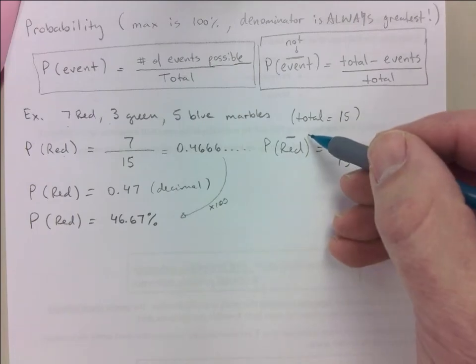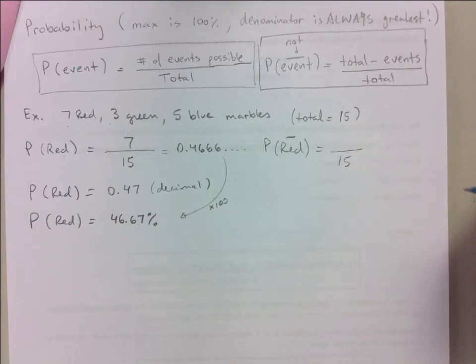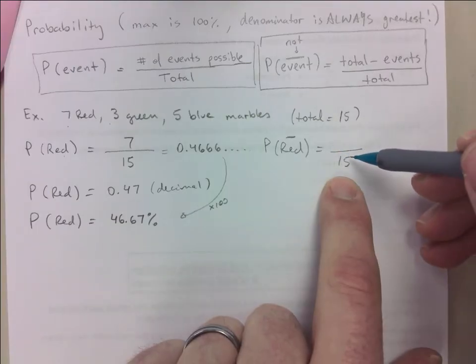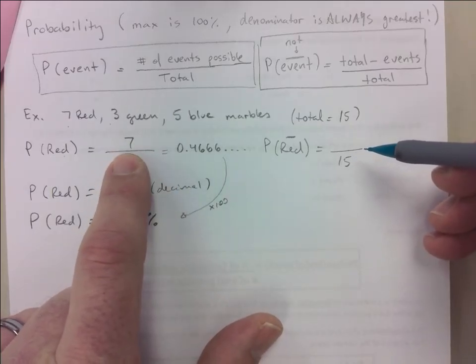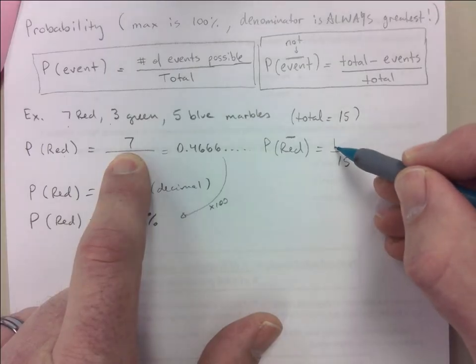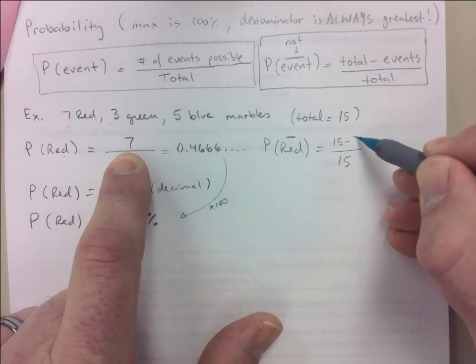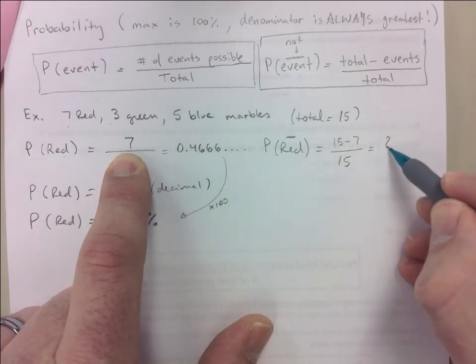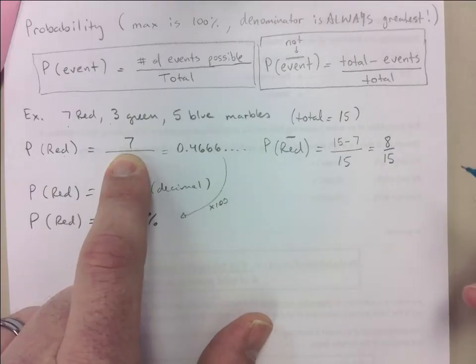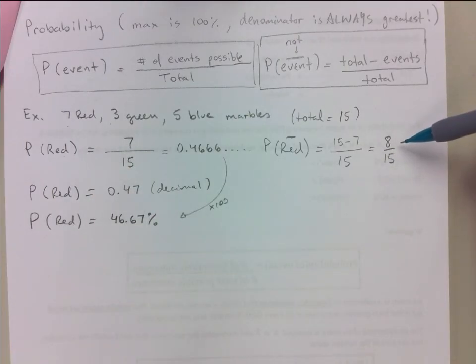Here you could say, well, I know how many events are in favor, so you could just go total minus the reds, right? And then you get 8 out of 15. That's one way of doing it.